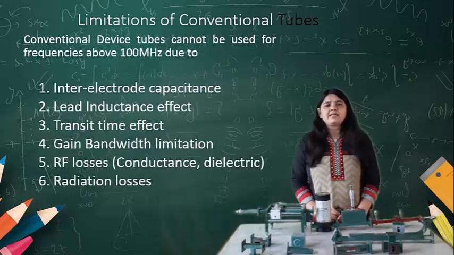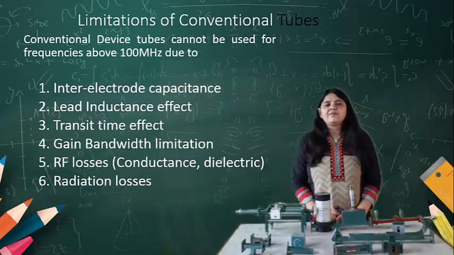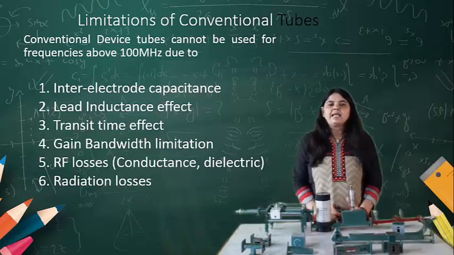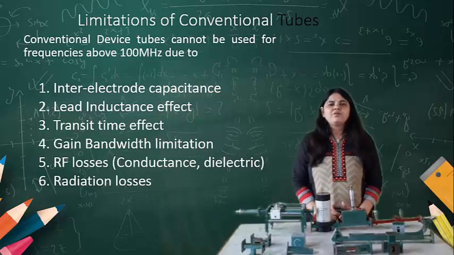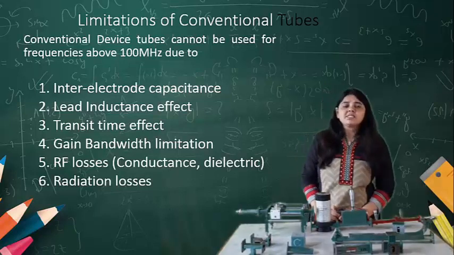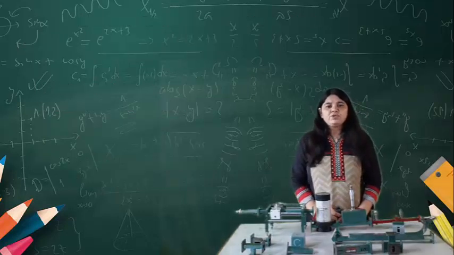The effects are the inter-electrode capacitance, lead inductance effect, transit time effect, gain bandwidth limitation, and RF losses: conductance loss, dielectric loss as well as radiation loss, that are there at microwave frequency. Due to all these reasons, microwave tubes are used.